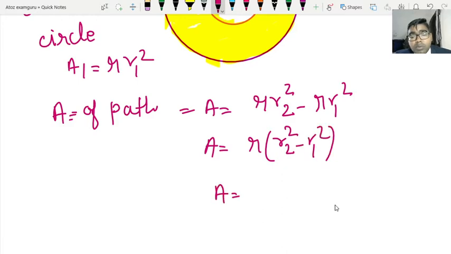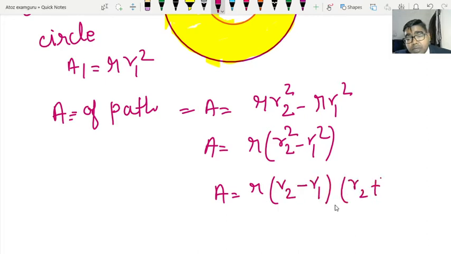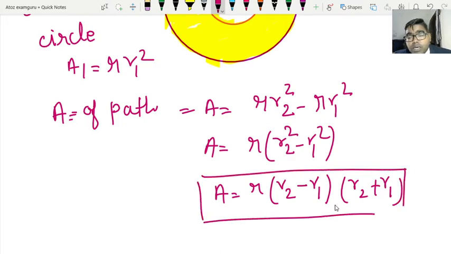So a equals pi into (r2 minus r1), and in the second bracket it is (r2 plus r1). Right friends? So I hope this will be clear to you. And now friends, let's move to the next.